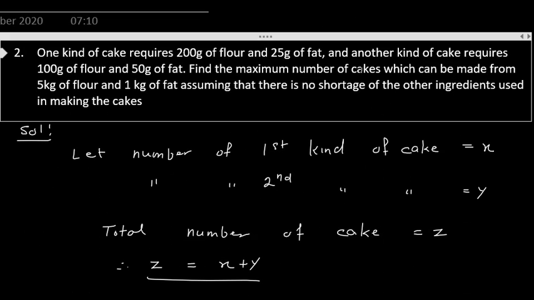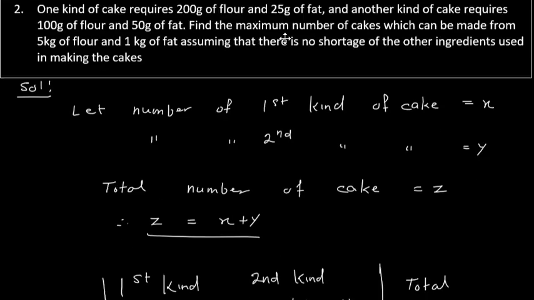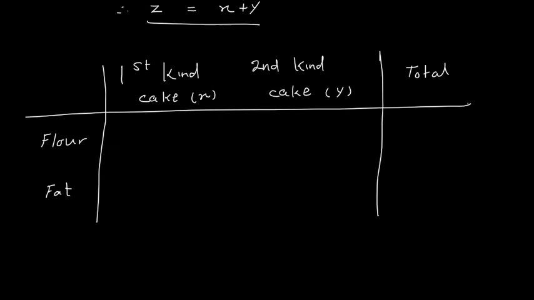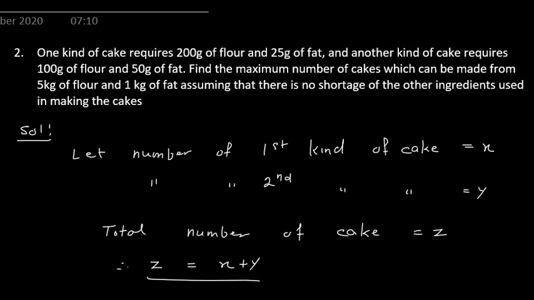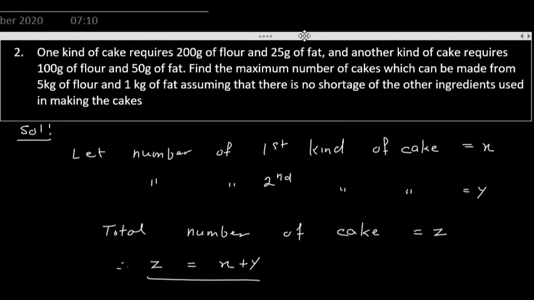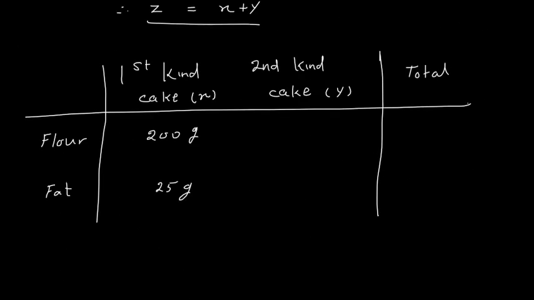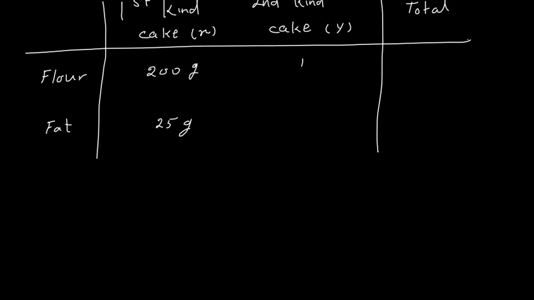So for the first kind of cake, it is given that 200 gram of flour and 25 gram of fat. The unit is in gram. And for the second kind, 100 gram of flour and 50 gram of fat. So this second cake is a little heavy to digest, more fat we are using, 50 gram of fat.